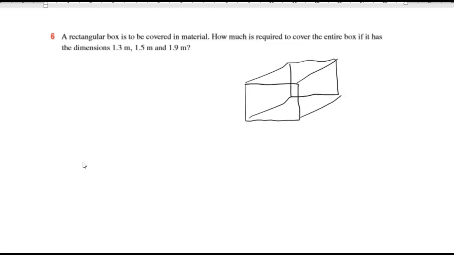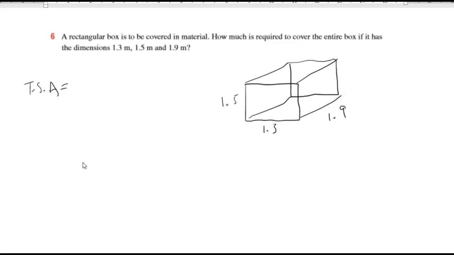How much is required to cover the entire box if the dimensions are 1.3, 1.5 and 1.9? Now it doesn't matter for rectangular prisms where you actually put these values, so I'm just going to put them there, but you can have them in any order. Now we're looking at the total surface area.